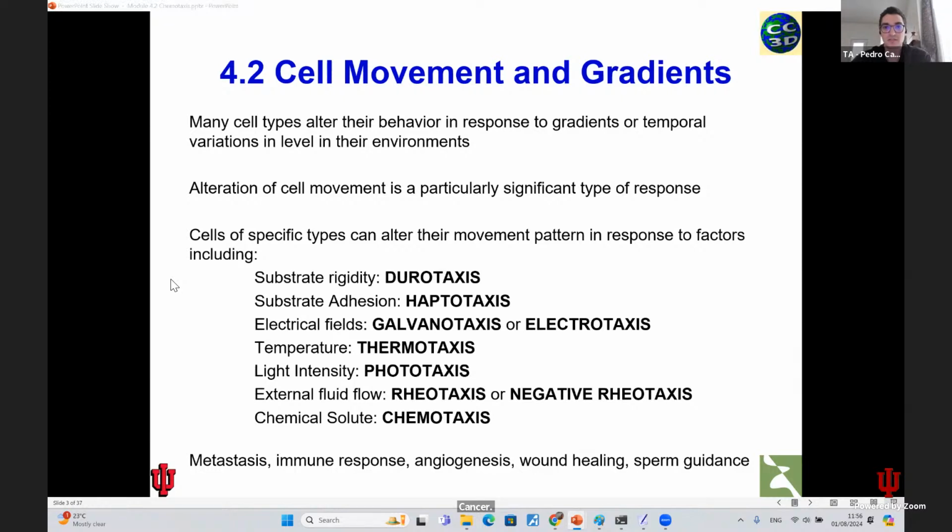Defense cells will migrate towards gradients of, for example, cytokines. And angiogenesis to form the blood vessel structures, and we'll have an extra session on that. Wound healing, where cells follow gradients of chemicals and also electrical gradients to close the wound, and also sperm guidance, which involves thermotaxis too.